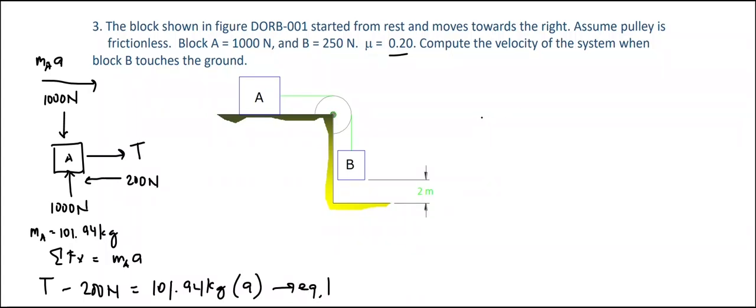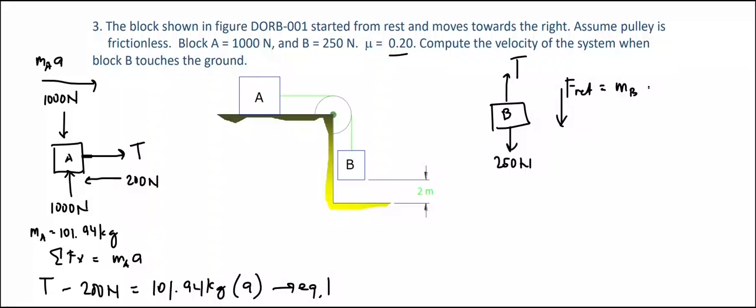Next, we consider the free body diagram of block B that has a weight of 250 newtons and a tensile force going up, let's call this force T, that is equal to the tensile force connected to block A. And since block B is moving downwards, it feels a net force that is equal to the mass of block B times its acceleration.